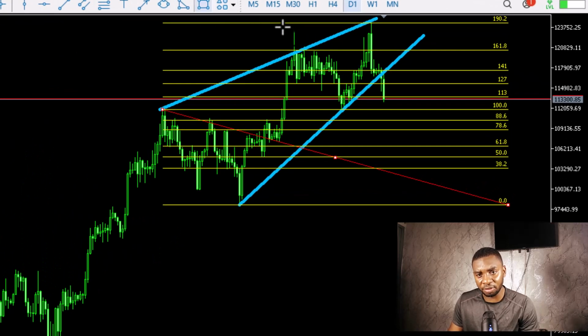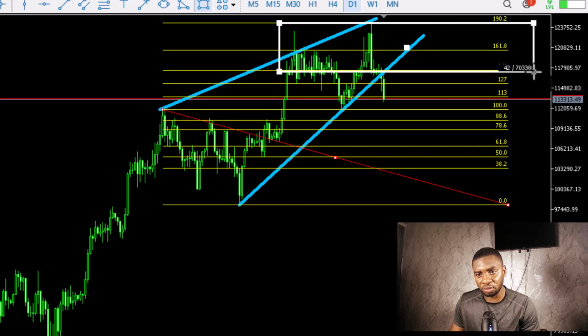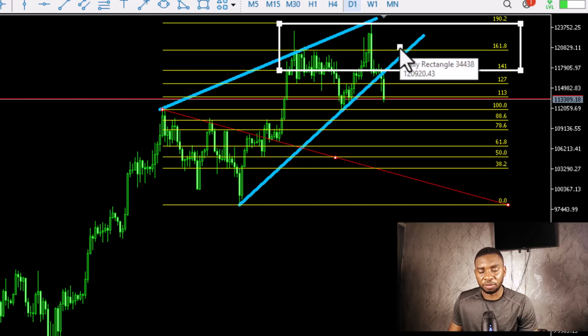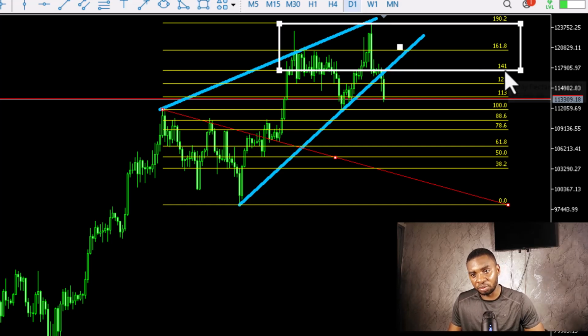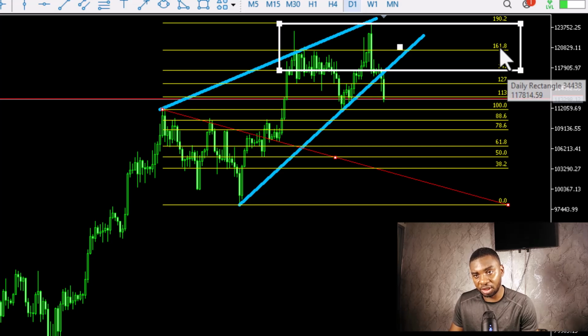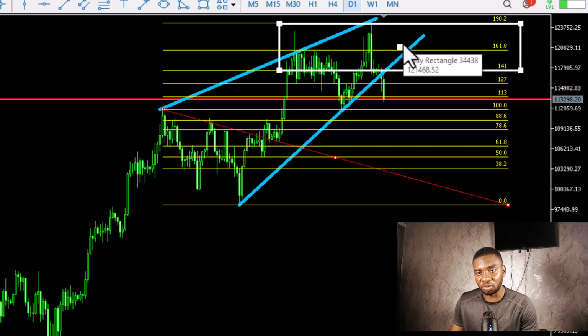I'll mark from the 109.2 Fibonacci level all the way down to the 141% Fibonacci level. So for my entry, I'll mark this zone, 141 Fibonacci level to 109.2 Fibonacci level. Within this zone, this is where I'll most likely take a sell trade.